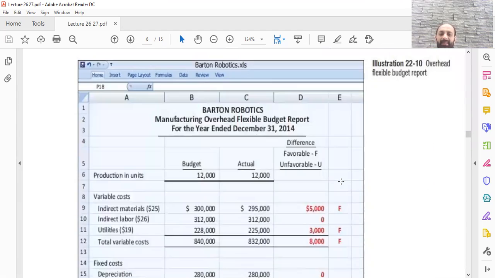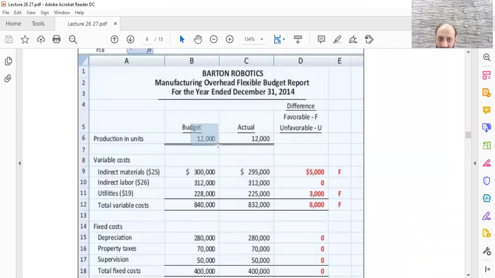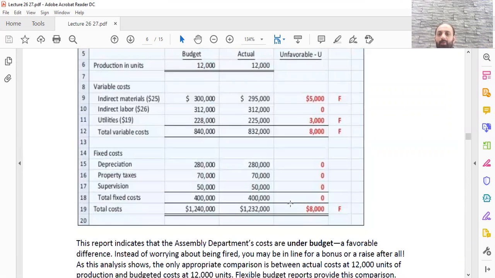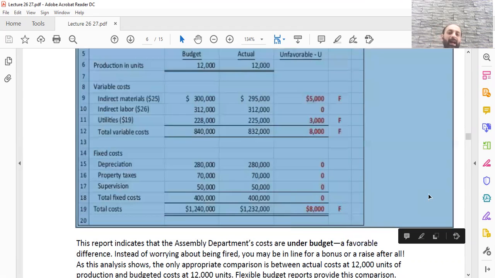Then you compare this budgeted 12,000 with the actual 12,000. This tells you that you were able to save $8,000. It means your actual manufacturing overhead cost was 8,000 less than what you should have incurred according to the budget.